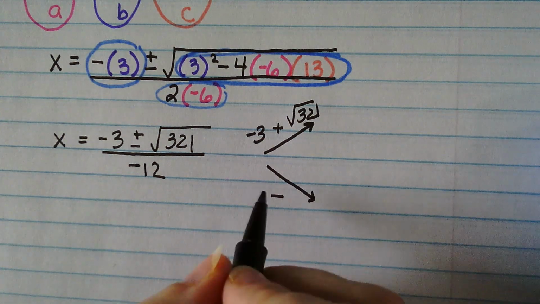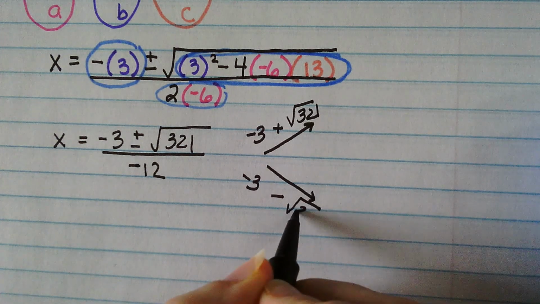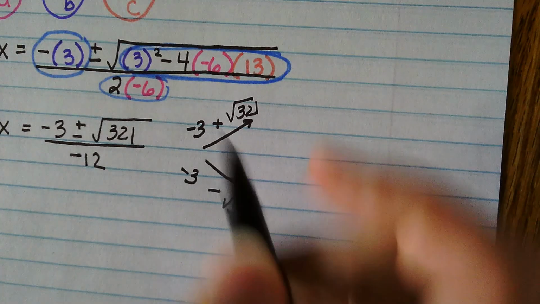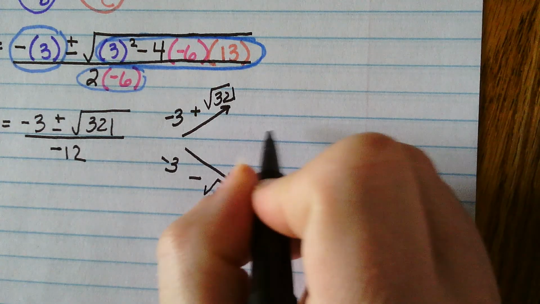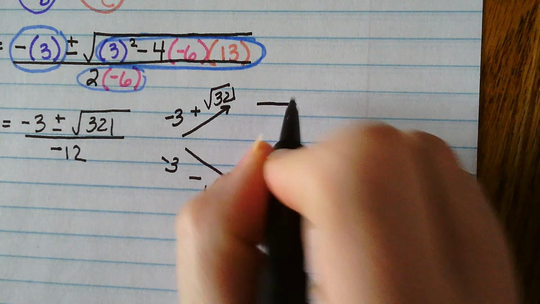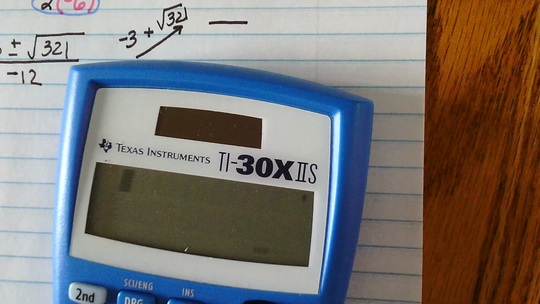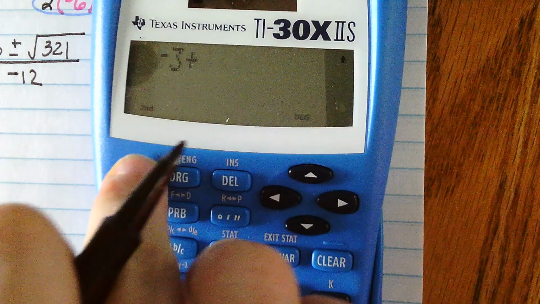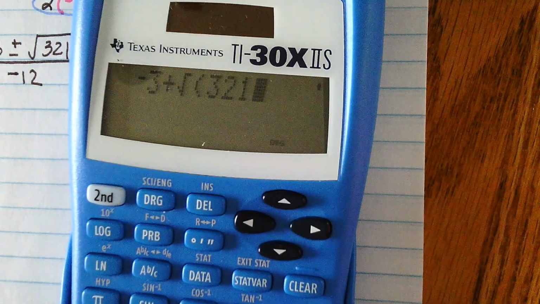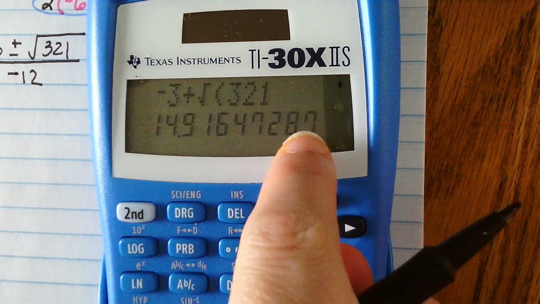And this is going to be -3 minus the square root of 321. So this is just working on the top. Negative 3 plus square root 321. That gives us this value.